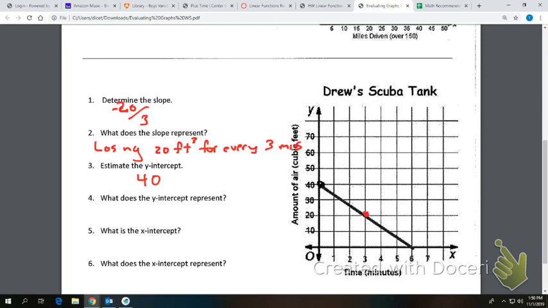The amount of time it took for the tank to lose 40 cubic feet of air. Perfect. For 6 minutes, you're out of air. Because look, at 6 minutes, what's the Y value? 0. You're out of air in the scuba tank. That's what it means. Did that help? You're going to show me today if you can read into that graph.